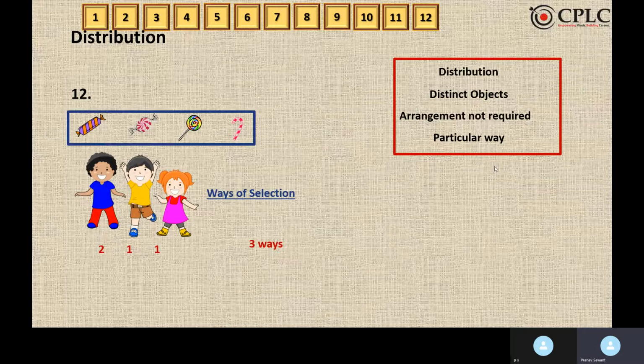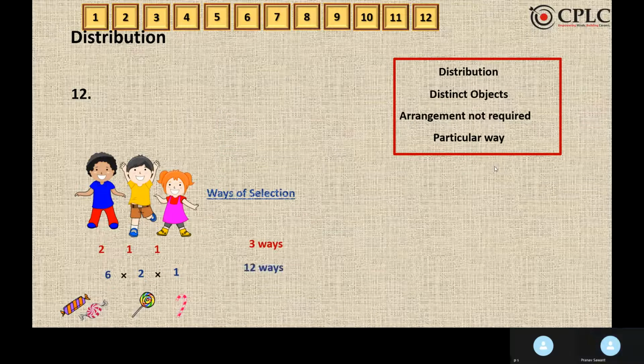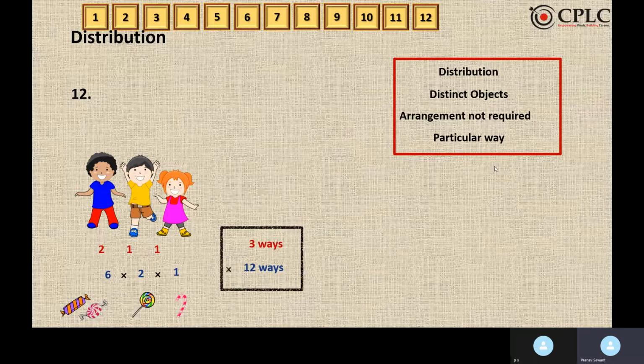Now the ways of selection would be 4C2, that is, out of 4 we are selecting 2, then 2C1, out of 2 we are selecting 1, and the remaining 1C1. That is 6 into 2 into 1, which is 12 ways. Now 3 into 12, that is 36. So 36 is the answer to the 12th question, which is option 1.